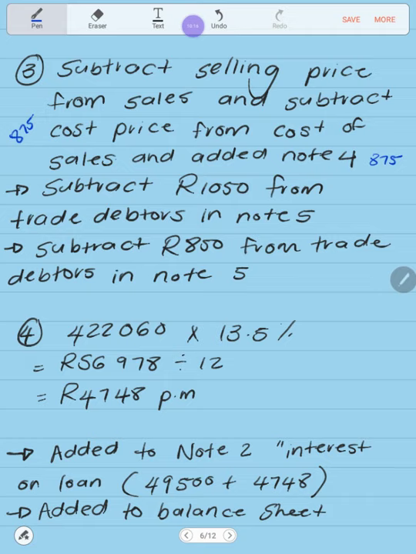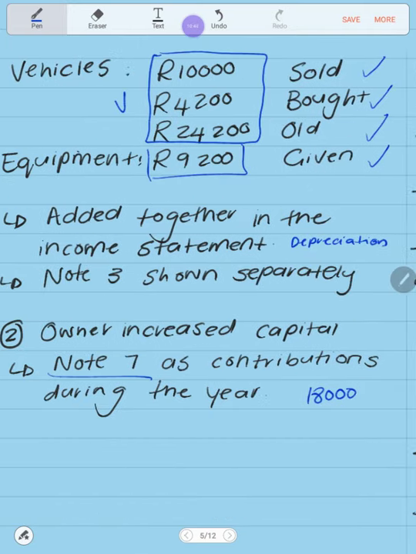You have to add the 875. You will also subtract the 1050 from your trade debtors, because now he's literally giving you back the trading inventory. He's no longer a debtor to you, so you're going to be subtracting that money from him. And then you also subtract the 850, because we granted credit, from trade debtors in note 5.